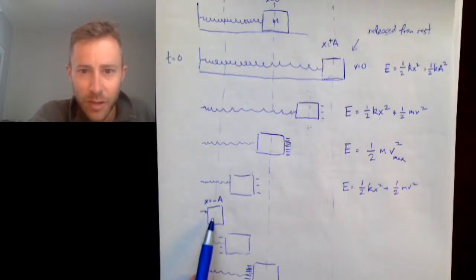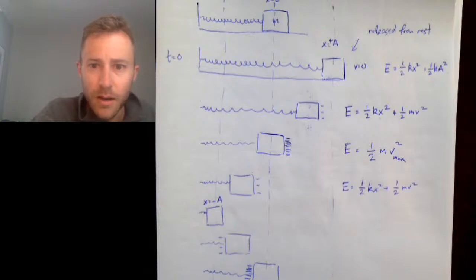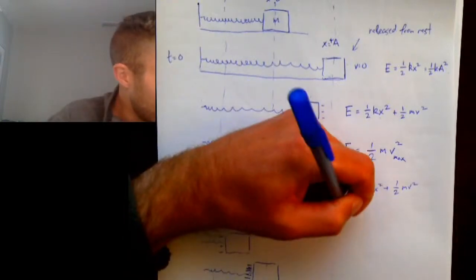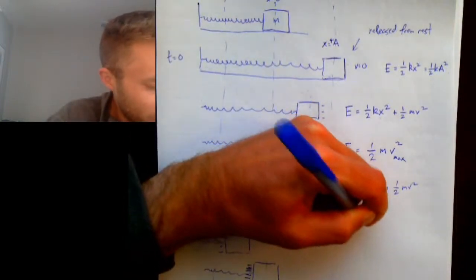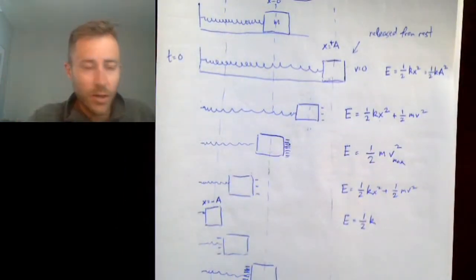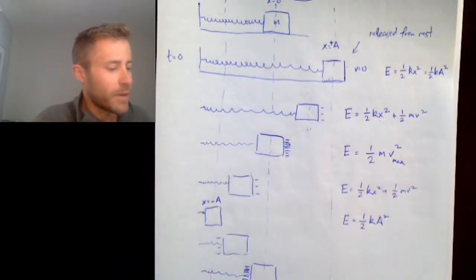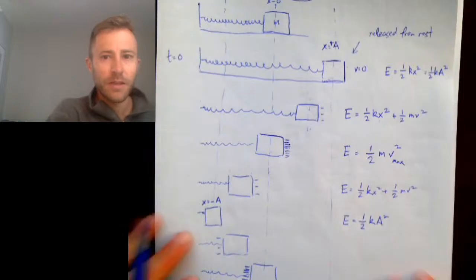So the mass has got to be at rest here, just like it was at rest over here. And so we have that the energy is 1/2 k times negative A quantity squared, which is just A squared. And then it repeats.